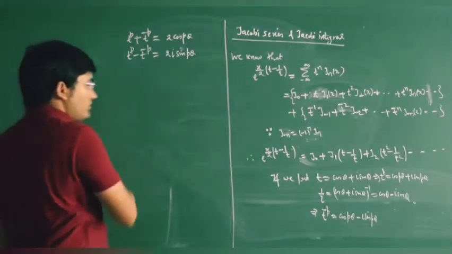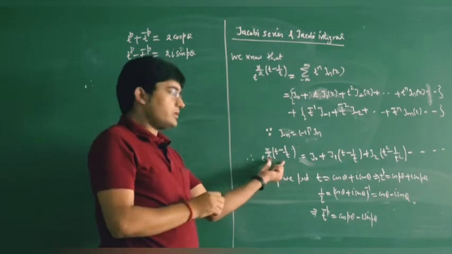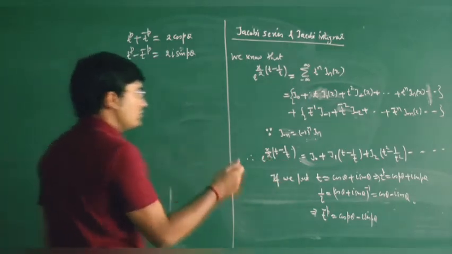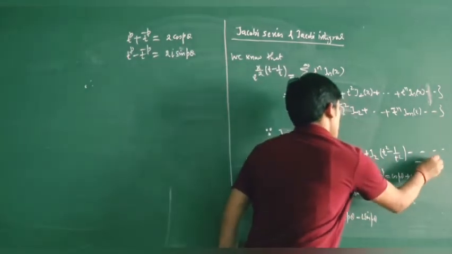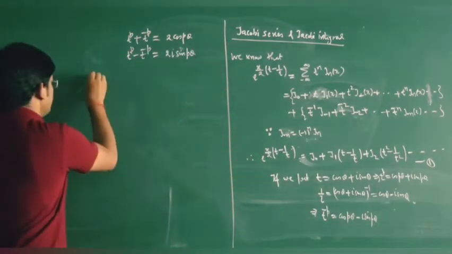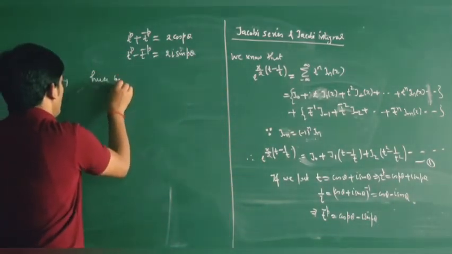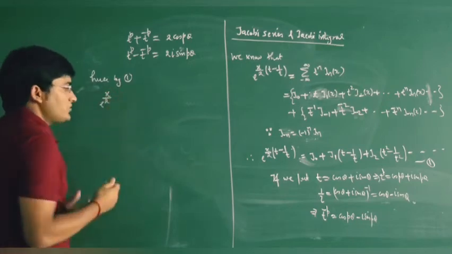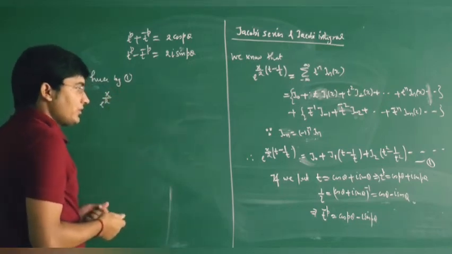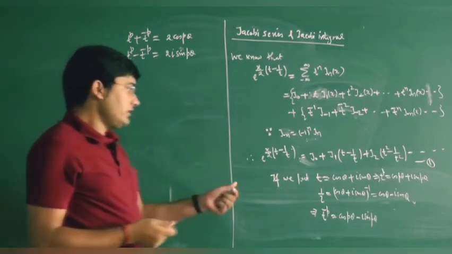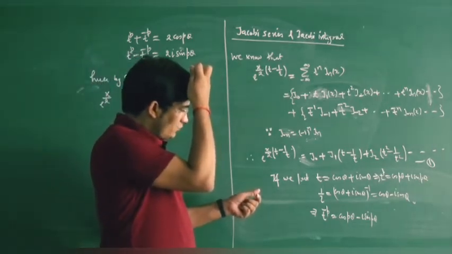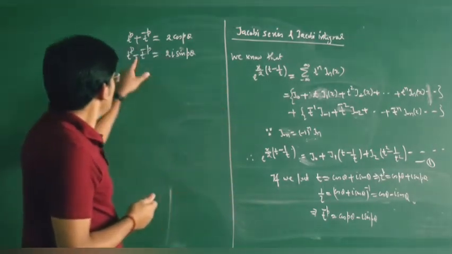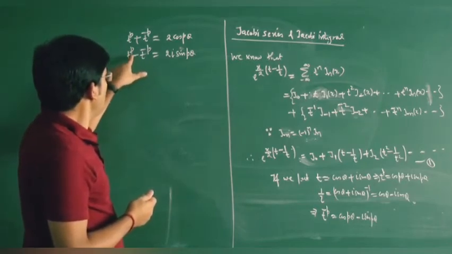Therefore, say this is equation number 1. So equation 1 implies, hence by 1 we have e to power x by 2 into t minus 1 by t is equal to, now put the value of p as 1.